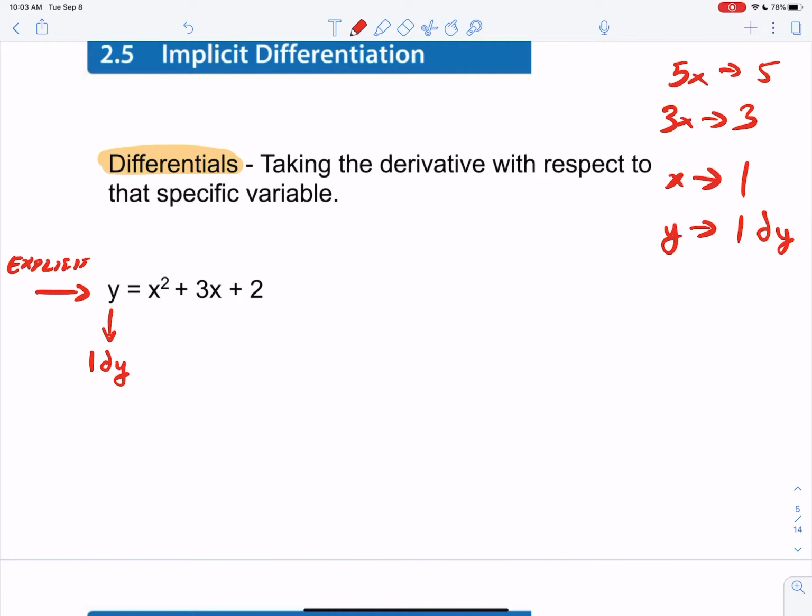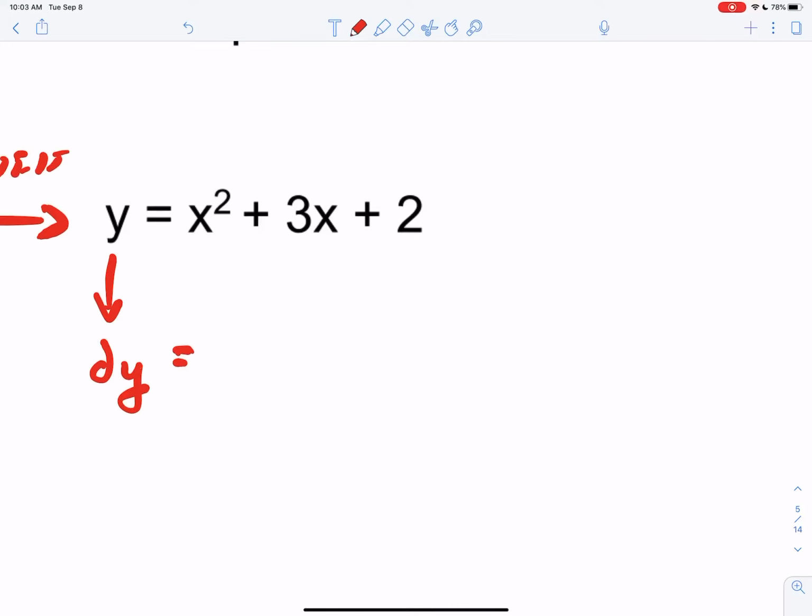Now, whenever it's 1, it's really not necessary, so I'm going to go ahead and get rid of that there, okay? So here we go. The derivative of x squared is 2x, but the differential of x squared is 2x with respect to x. Okay?